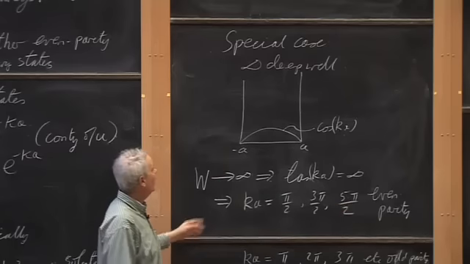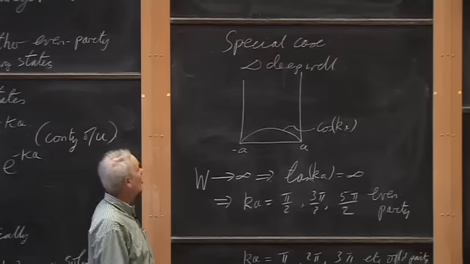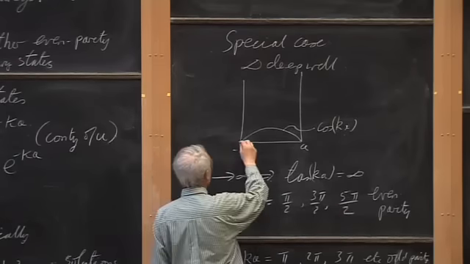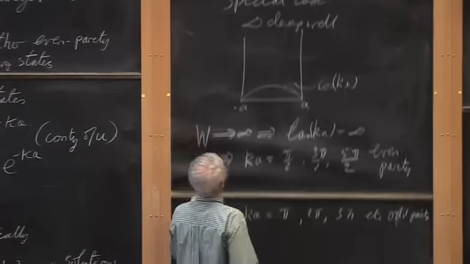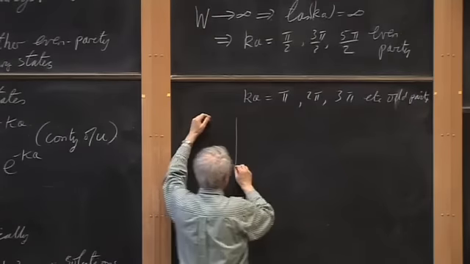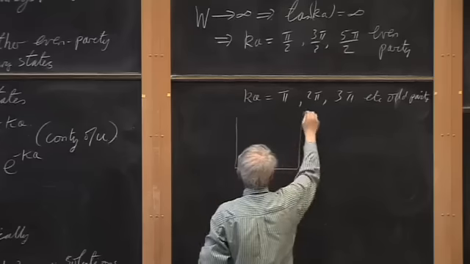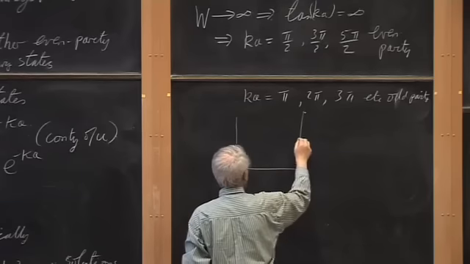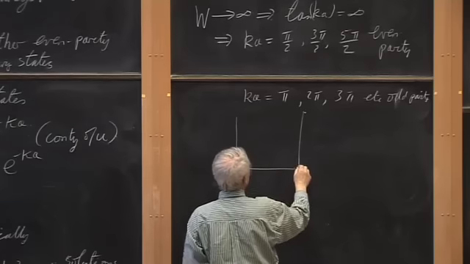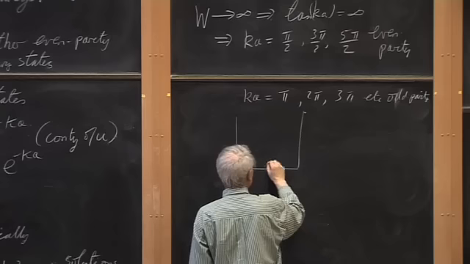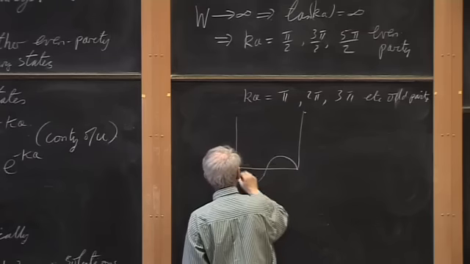And the same thing will happen for the odd parity states. For example, the first odd parity state is going to have a wave function which looks like this. It's going to be sine Kx.